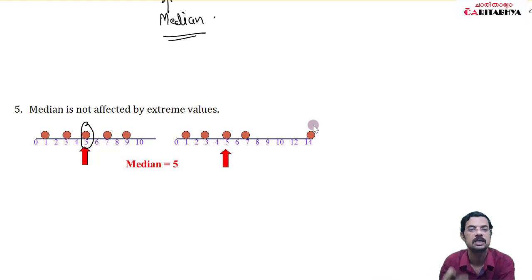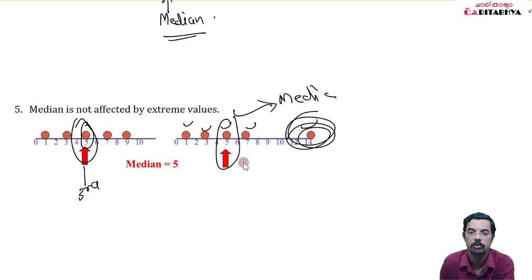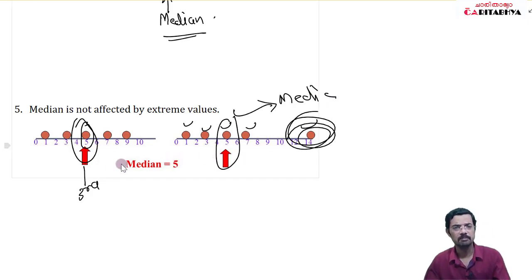We are just concerned about the position of the observations. There are 5 observations, and the third one lies in the middle, so it is the median. Same way with 14, the third one is the median. So it does not depend upon extreme values. That is what we mean by median is not affected by extreme values.